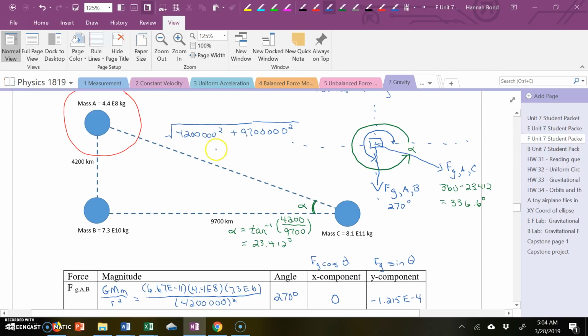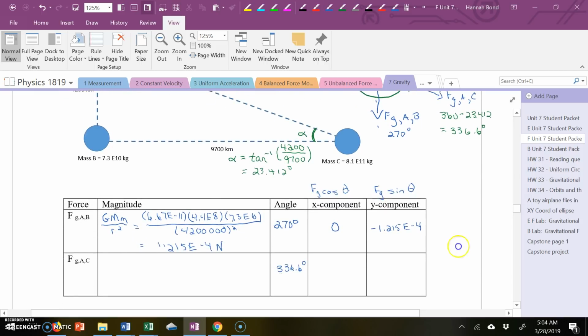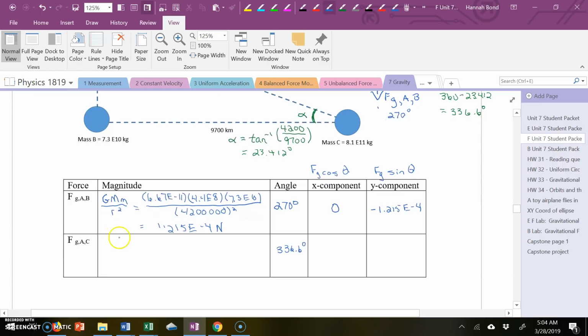And so I get 10,570,241 meters. That's the distance between C and A. So now I'm able to calculate this force.